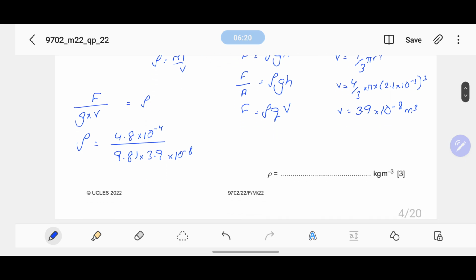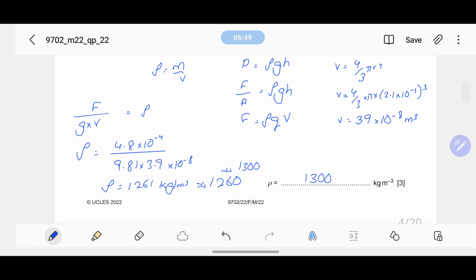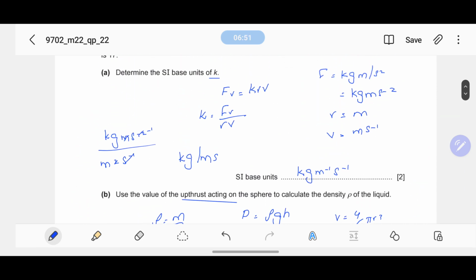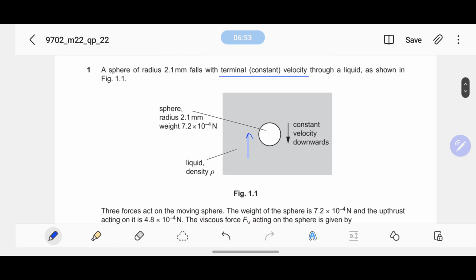So I get the value of rho as 1261 kilograms per meter cubed. If I round off to three significant figures it would be 1260, and for 2 significant figures it would become 1300 kilogram per meter cubed. I'll stick with 1300 kilogram per meter cubed because all the values on the top side are in two significant figures.